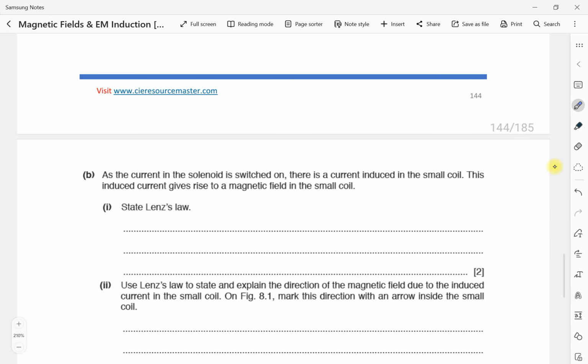As the current in the solenoid is switched on, there is a current induced in the small coil. This induced current gives rise to a magnetic field in the small coil. State Lenz's law. Of course, we have already stated Lenz's law, but I need to restate it because I'm going to be referring to it to answer other parts of the question.